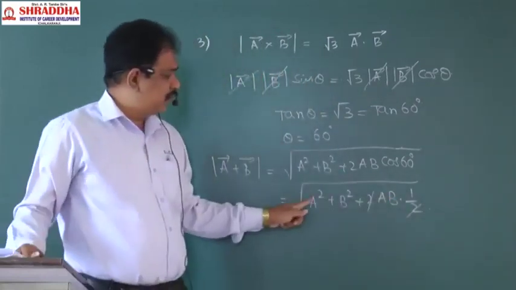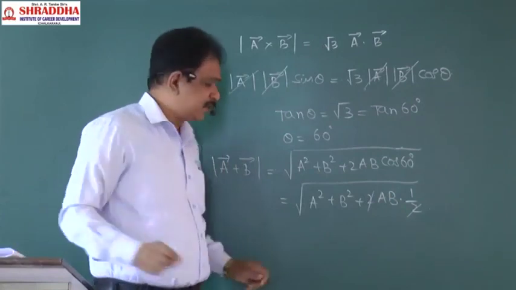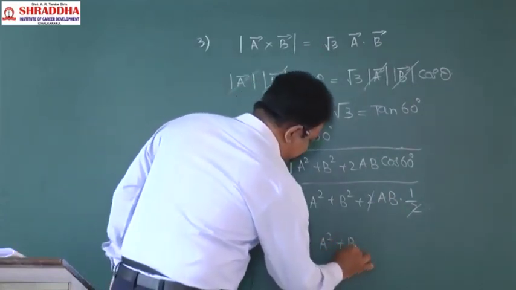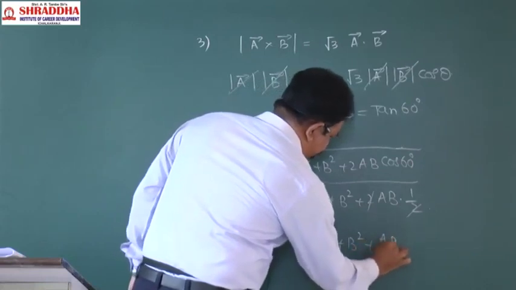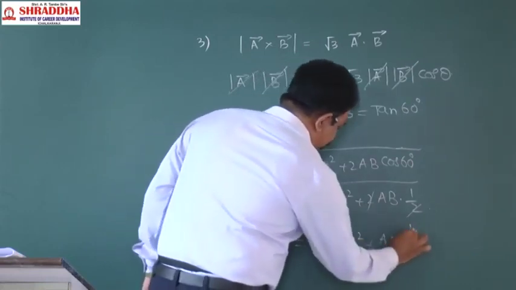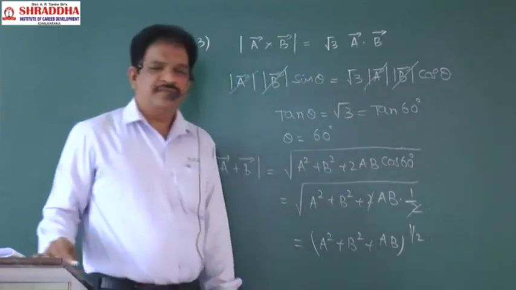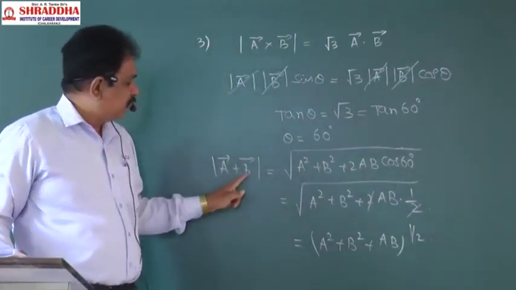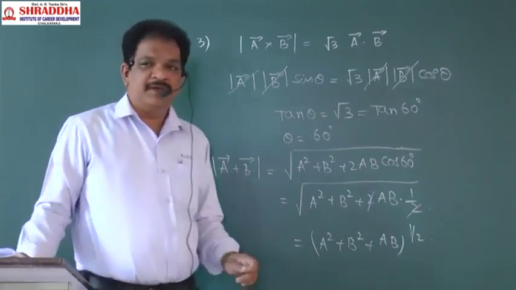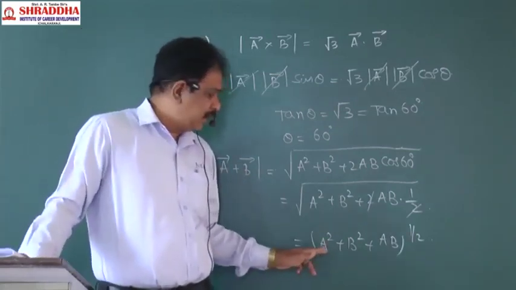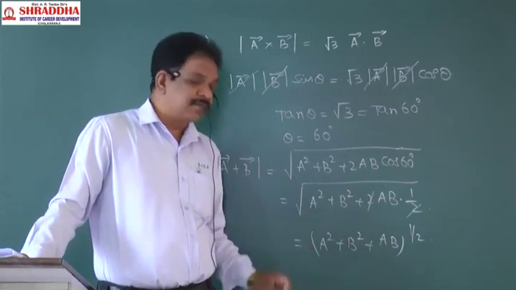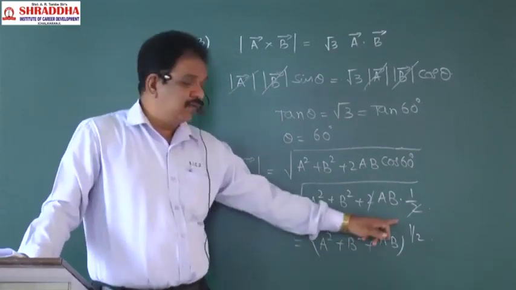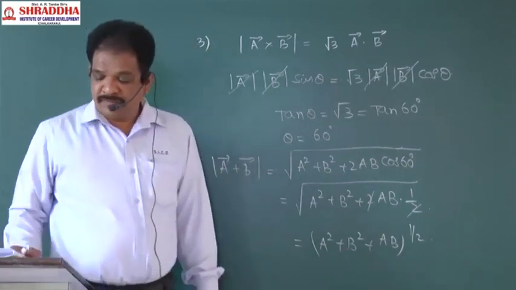So this is root A square plus B square plus AB. So this value is A square plus B square plus AB whole power 1 by 2. That we will get. Is it clear?